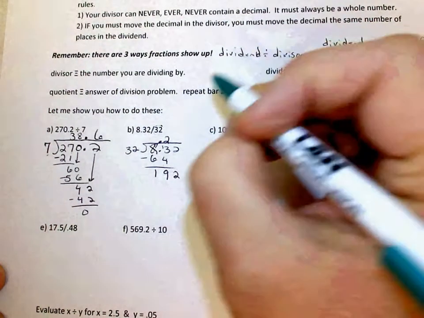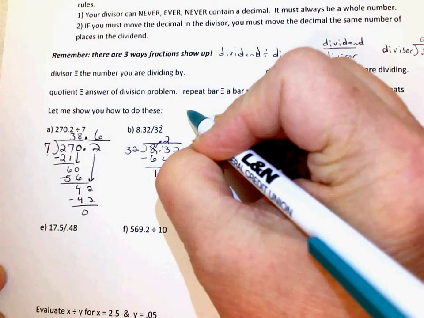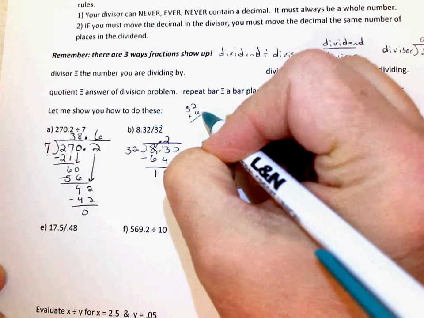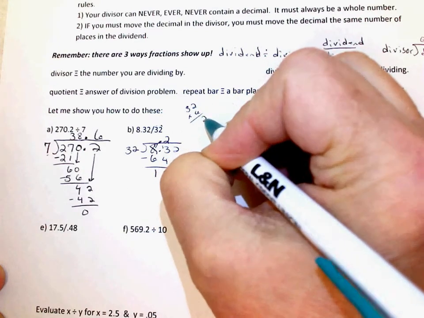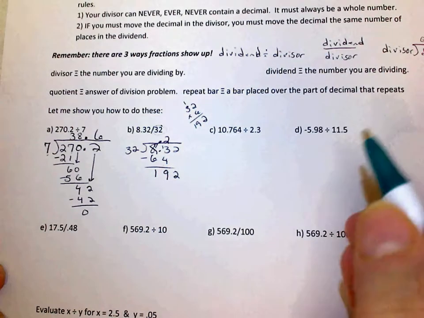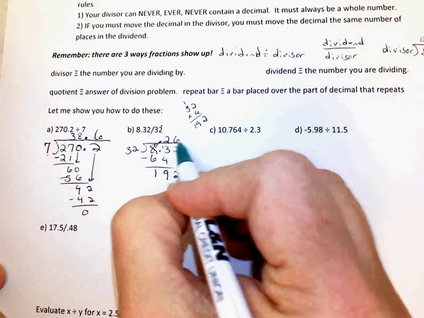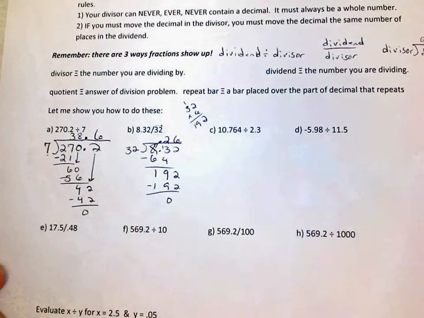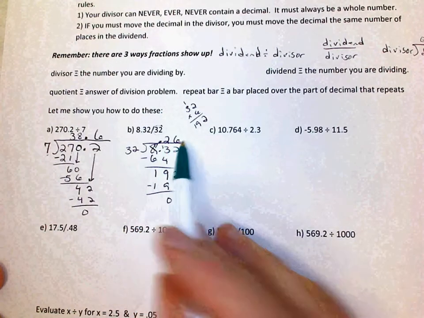So right over here, I'm going to take 32 times 6. 6 times 2 is 12, carry 1, 18, 19. Yahoo! That one wasn't so bad. Okay, so this answer is 26.